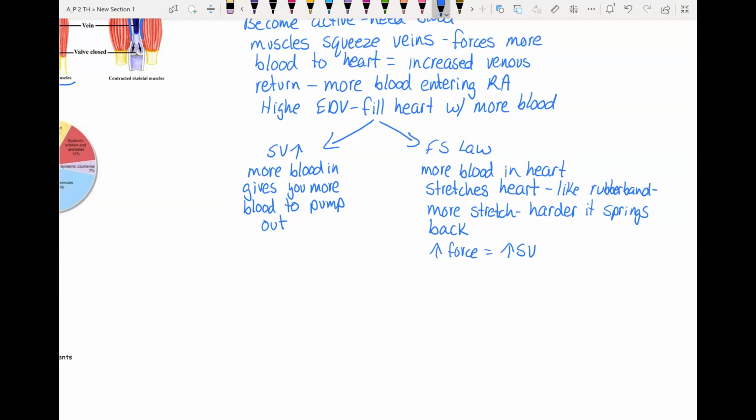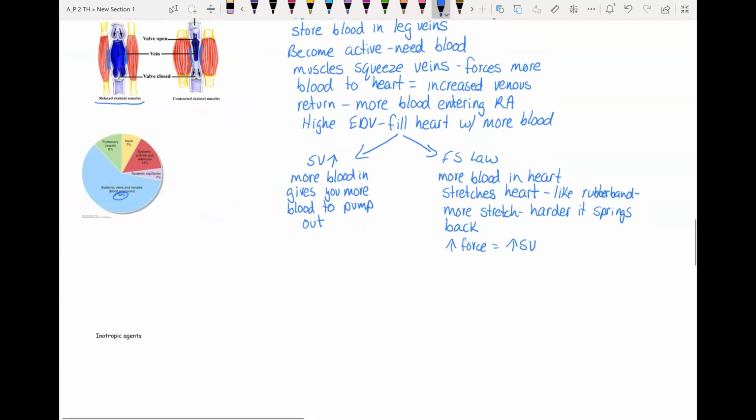So increased venous return increases cardiac output by increasing stroke volume. So the increased stroke volume leads to increased cardiac output. And you have the two different ways you're increasing the stroke volume, simply by having more blood in there and by getting the Frank-Starling law where you increase the force of contraction.